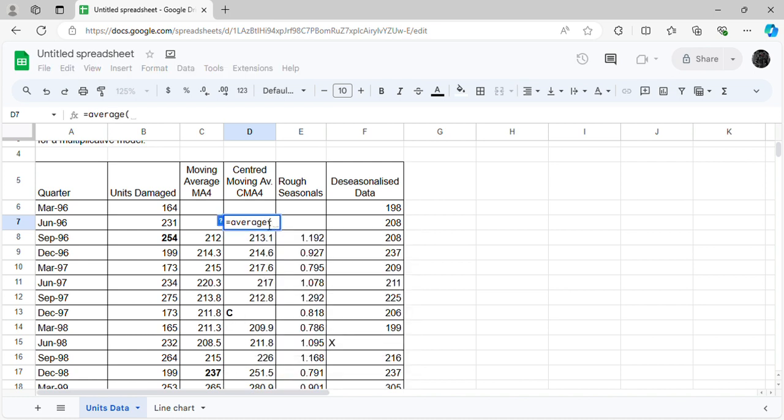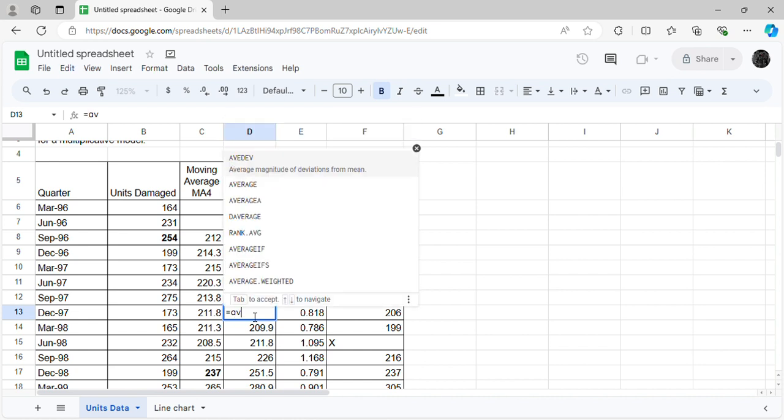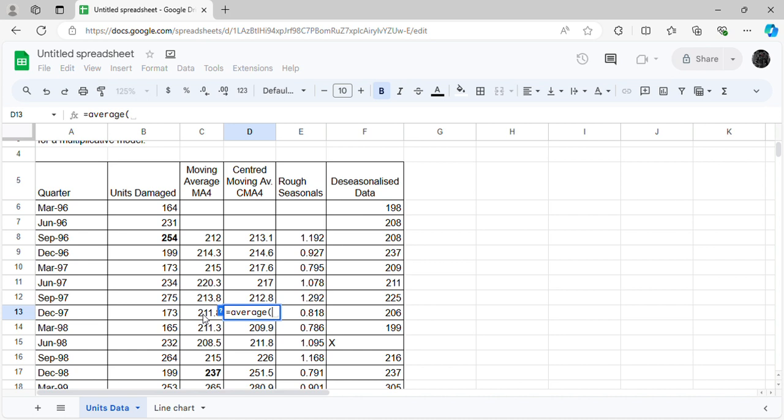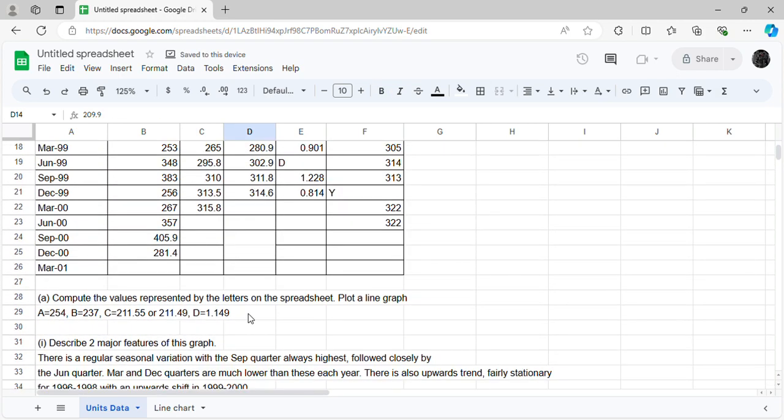Let's test some of those values for the second centered moving average. So the missing value is equal to the average of the moving average of that quarter and one future quarter. And that's 211.55.